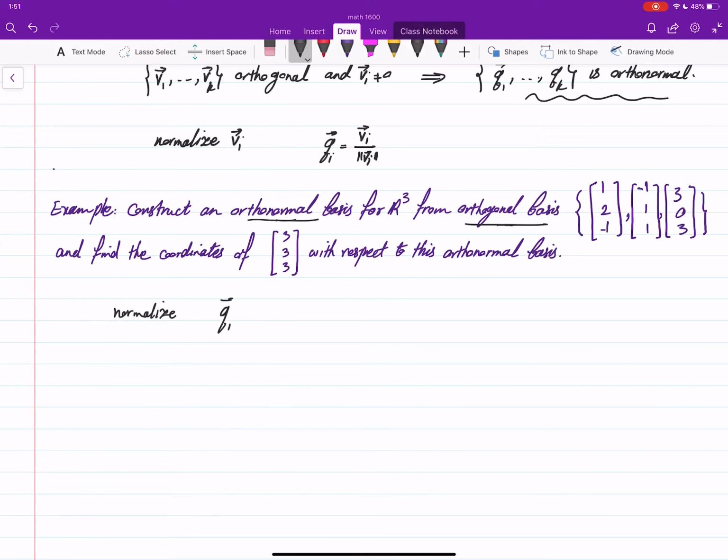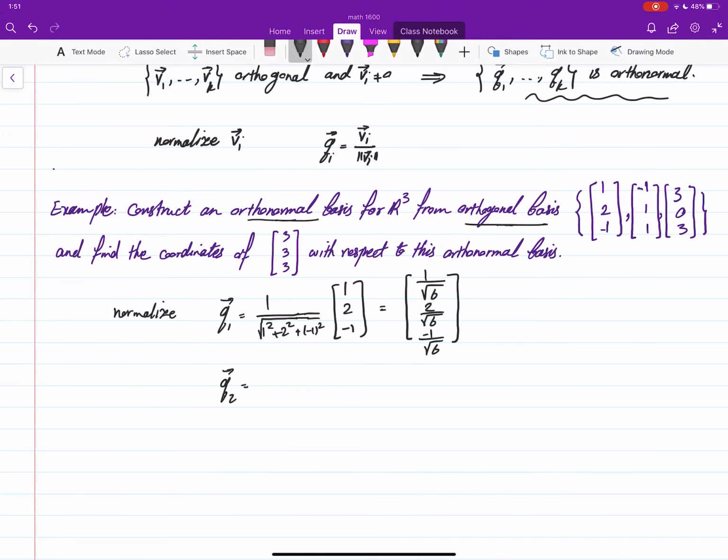So q1 is going to be 1 over the length of the first one, which is the square root of 1 squared plus 2 squared plus negative 1 squared, times the first one, (1, 2, negative 1). And from there, you see that it is 1 over root 6, 2 over root 6, and negative 1 over root 6.